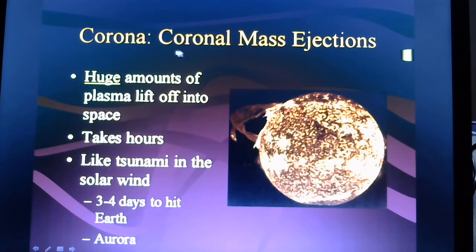If you ever hear a news story or see a news article that says something about a CME is coming from the sun, they are talking about a coronal mass ejection when they say CME. Now, we're saying over here that it's huge amounts of plasma that are lifting off into space.